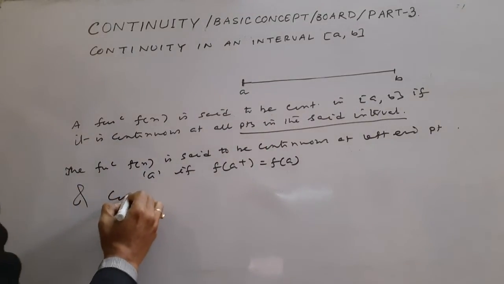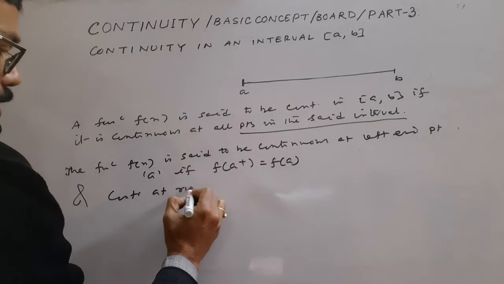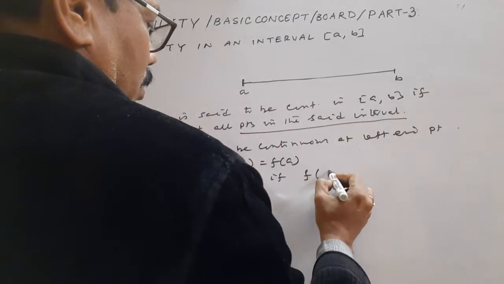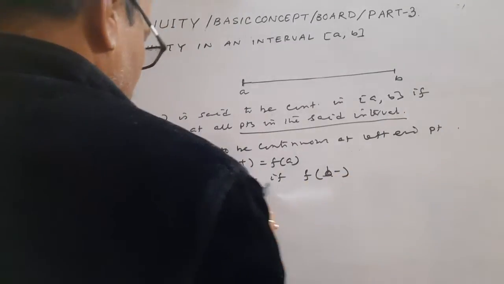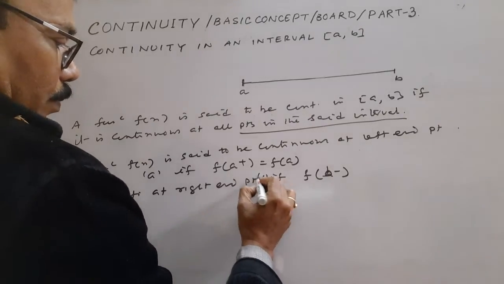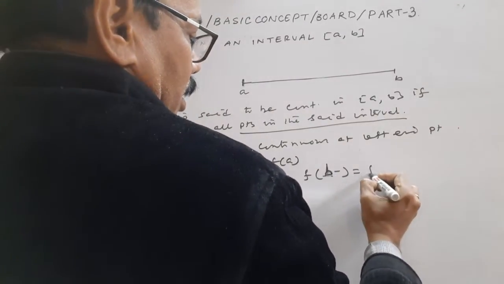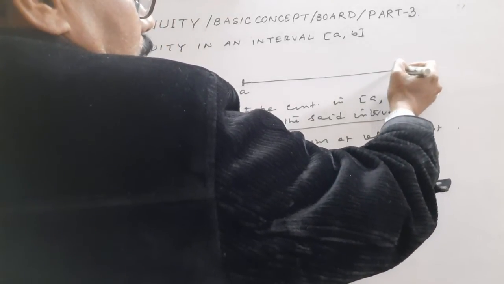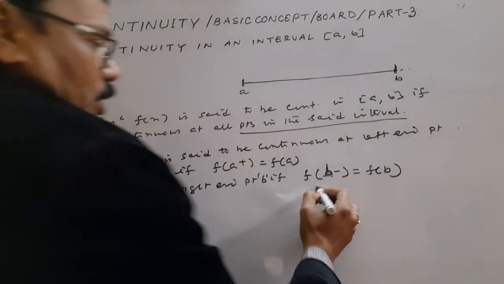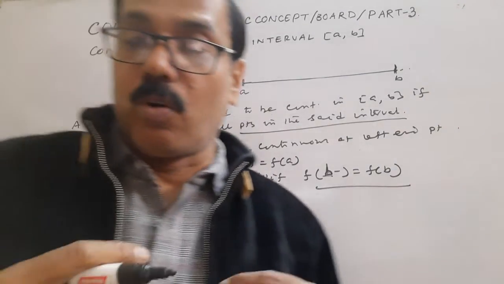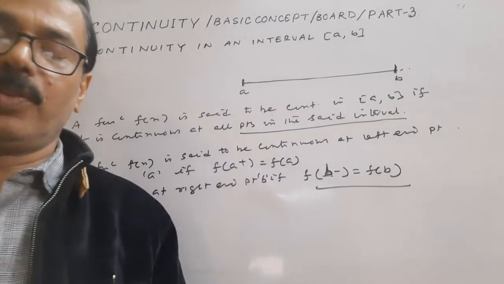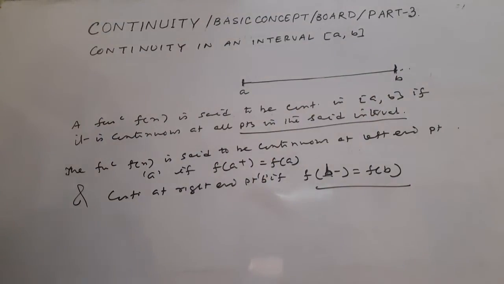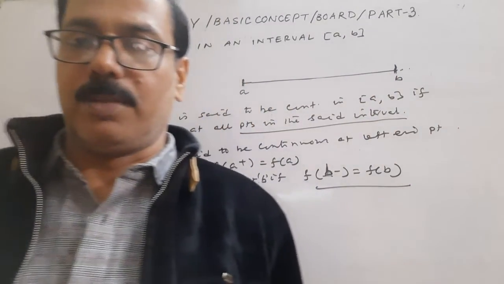And continuous at right end point b if f(b minus) equals f(b). This is b, not possible to get right hand limit. So if it is continuous at all points in the said interval, we say it is continuous in the closed interval [a, b].